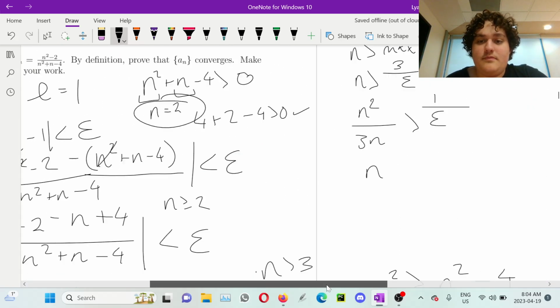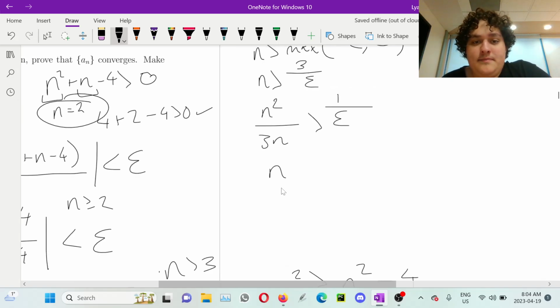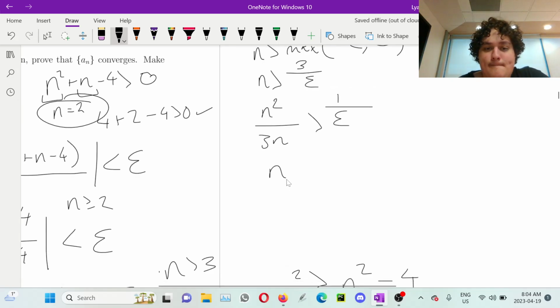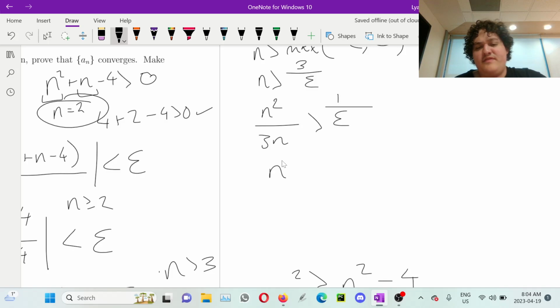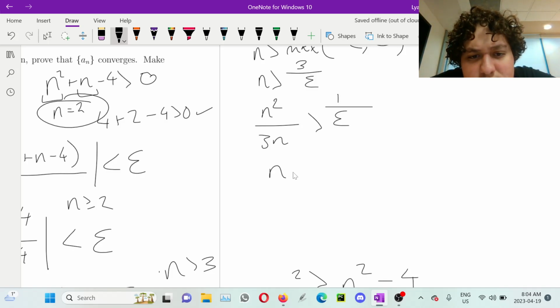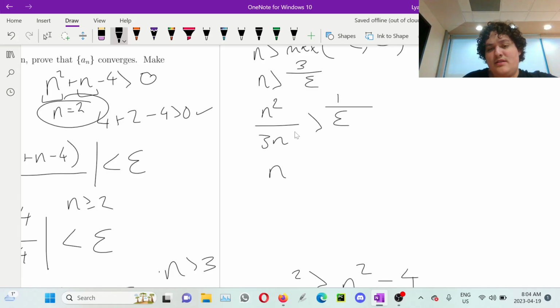So we found that this is true. I see. So we can make this bigger by adding n and subtracting 4. Wait, what?